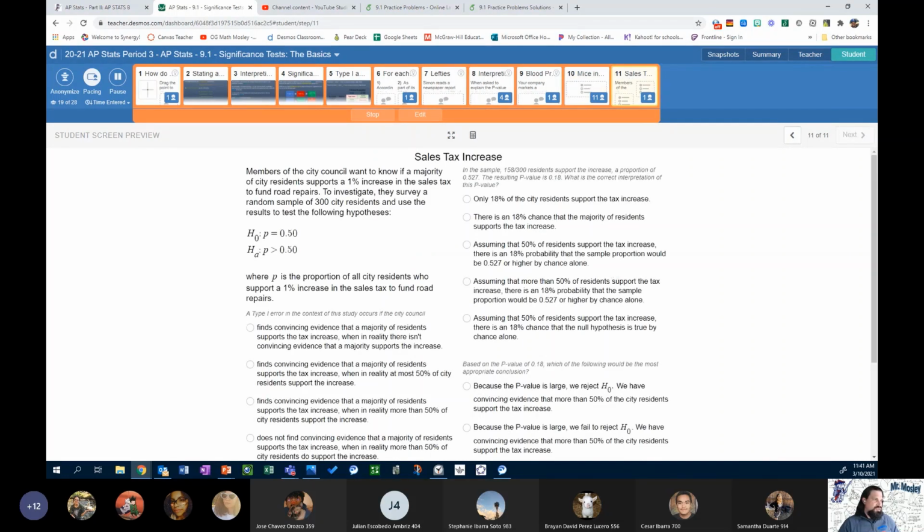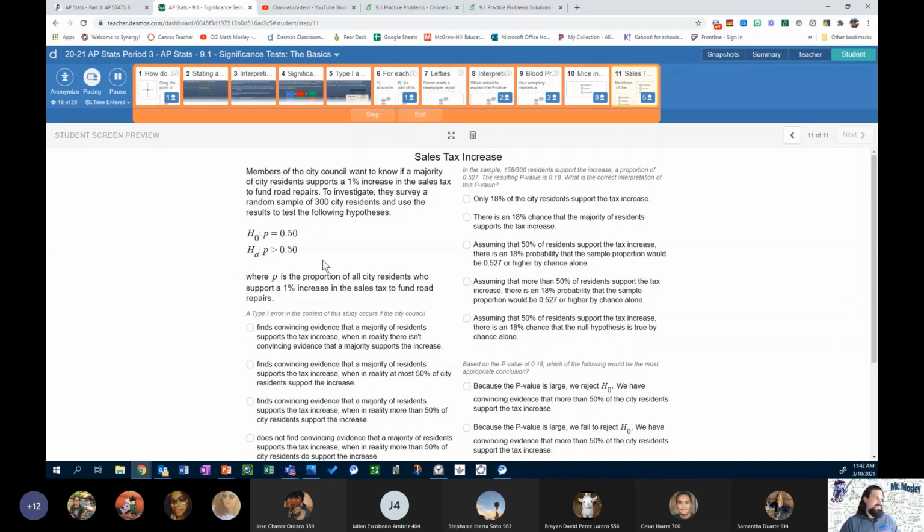The next one, there's 3 multiple choice questions attached to this same original context here in the top left. There's a city council. They want to know if a majority of city residents support a 1% increase in sales tax to fund road repairs. To investigate, they survey a random sample of 300 city residents and use the results to test the following hypotheses. The null hypothesis is that the proportion is 50%, 0.5.